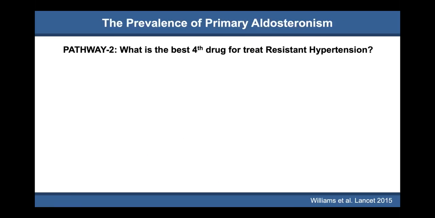Another way to show this is from the Pathway 2 study. The Pathway 2 study was a study where investigators asked, what is the best fourth-line medication for resistant hypertension? In other words, among patients with resistant hypertension who are on a diuretic, an ACE inhibitor or angiotensin receptor blocker, and a calcium channel blocker, who still needed blood pressure control, what was the next best medication?